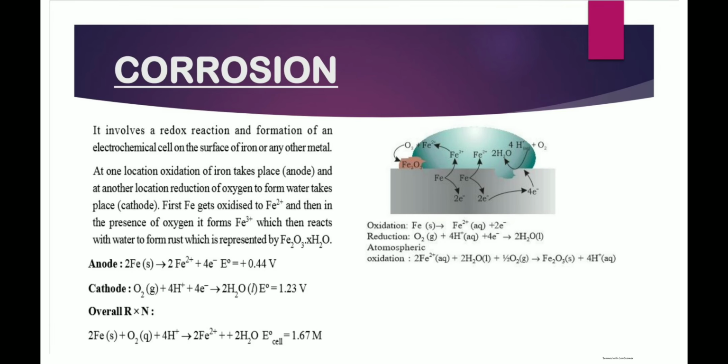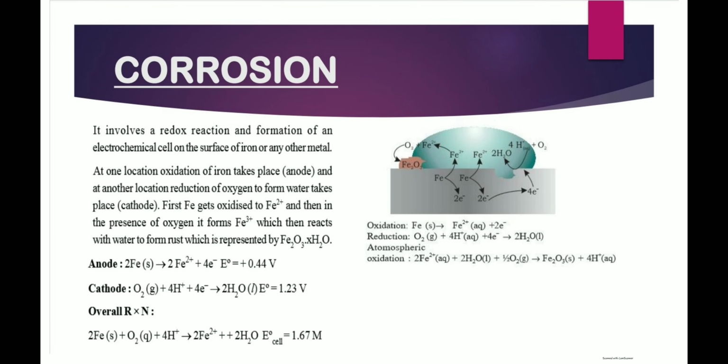Now, what are the factors which promote corrosion? The first factor is the reactivity of the metals. The higher the reactivity of the metal, the more readily it will corrode. The second is the presence of impurities. The third one is the presence of air and moisture. And the last one is the presence of electrolytes.